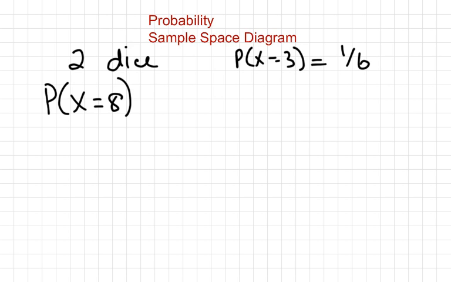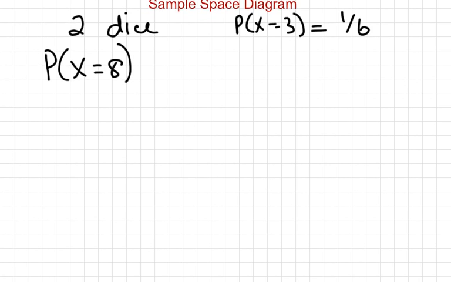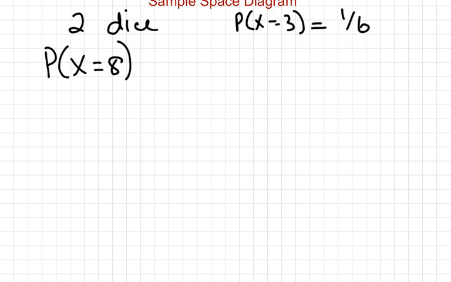I can get 6 and 2, or 2 and 6. I can get 5 and 3, or 3 and 5, and then I can get 4 and 4. It's a lot of work. But if you use a sample space diagram, that makes life so much easier. So let me show you now how to draw a sample space diagram.